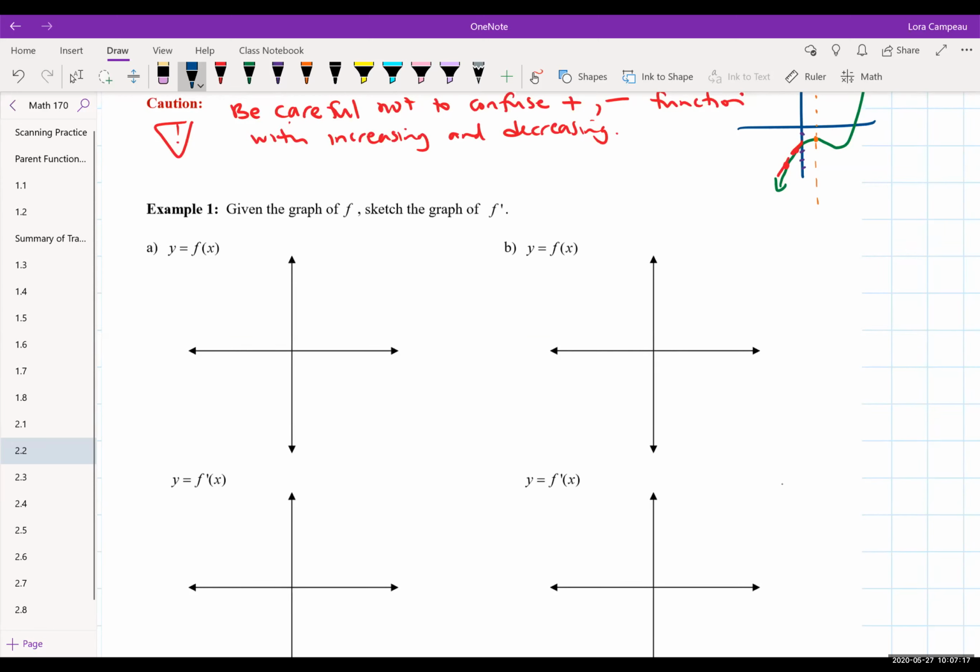I'll do my best to draw a straight line for you all. Constant functions are horizontal lines. F is constant.